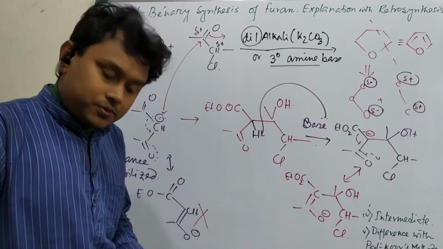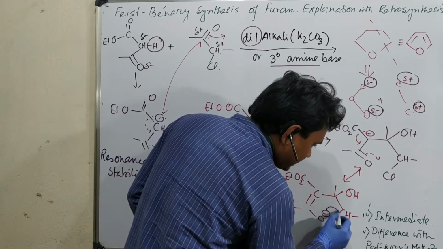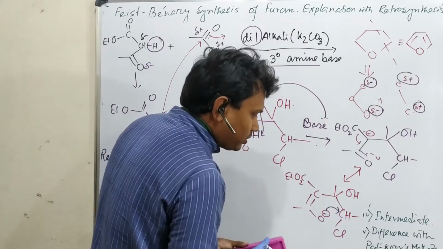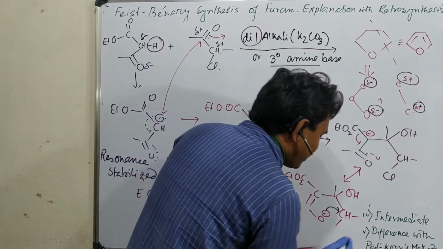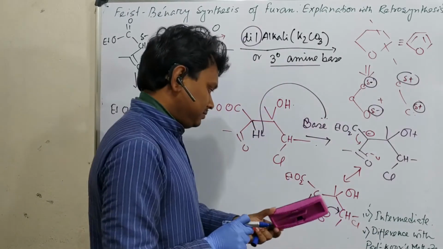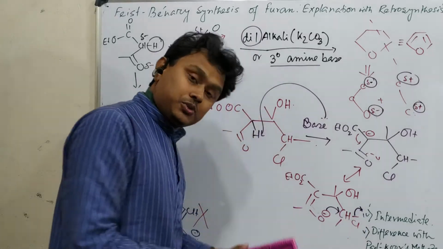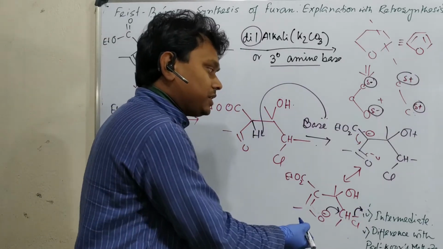So what will it do? It will instantly attack here. You may think that, sir, chlorine is on the same side. So in order to avoid confusion, let's write it here. Chlorine is this side. So it will attack and this bond will go. Why will it? Two points.